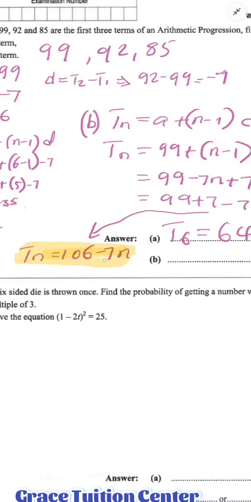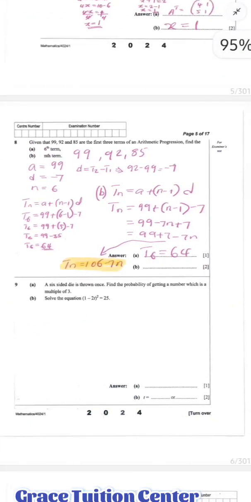So 7 times 2 is 14. 106 minus 14 is 92. So you can go on and on. If you want to find the 6th term, you can still use this formula. Where there's n, put 6. So 7 times 6, whatever you get there, you subtract from 106. You find that the answer you're going to get will be 64. Is that okay?